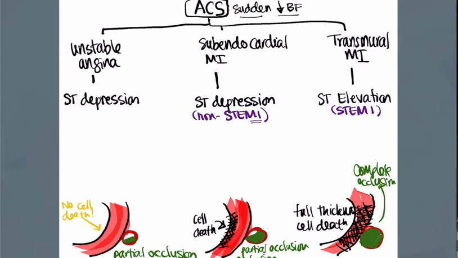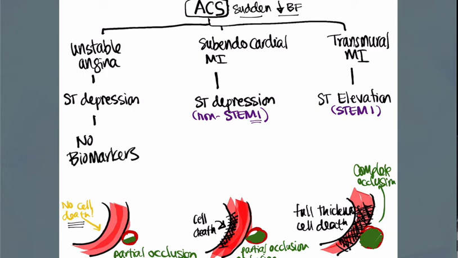Lastly, right, they're going to draw blood and they're looking for cardiac biomarkers. In unstable angina, there is no cell death. If there's no cell death, there is no mechanism whereby myocardial enzymes would end up in the blood. So you would expect no biomarkers.